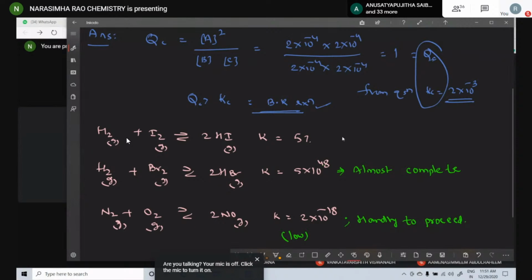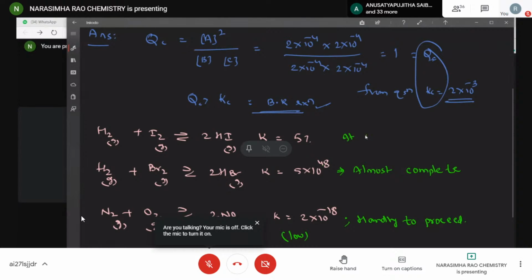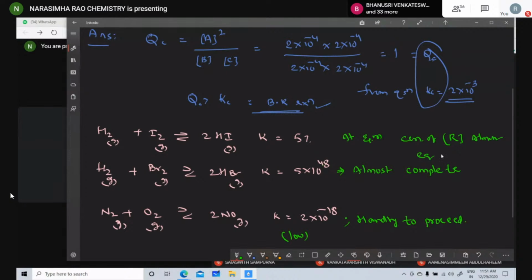This is almost at equilibrium. Concentration of reactant is almost equal to product. It's clear.